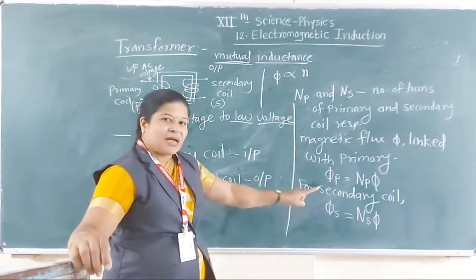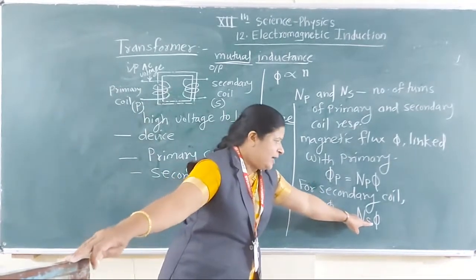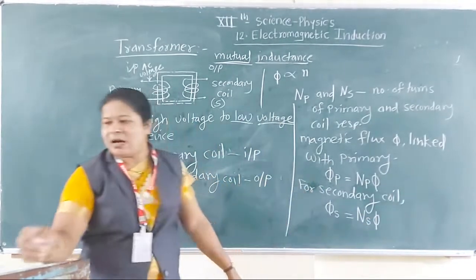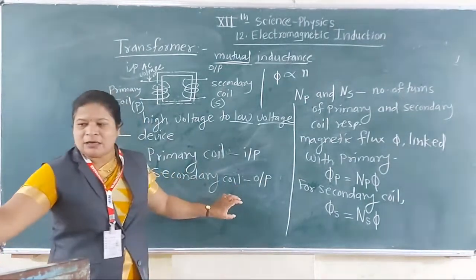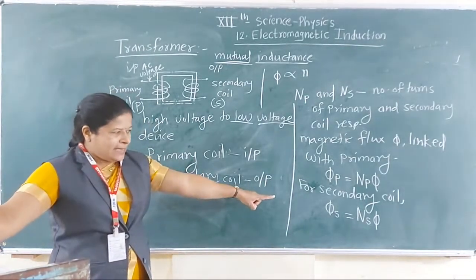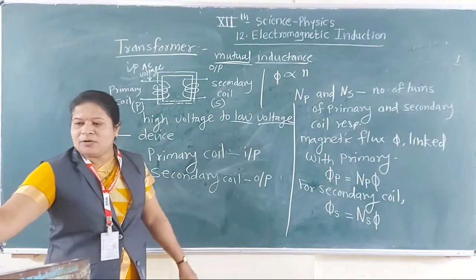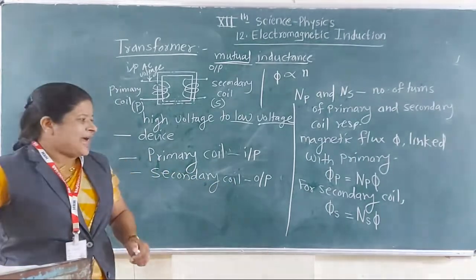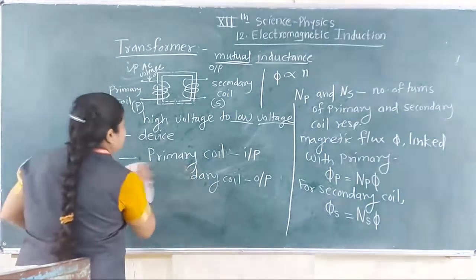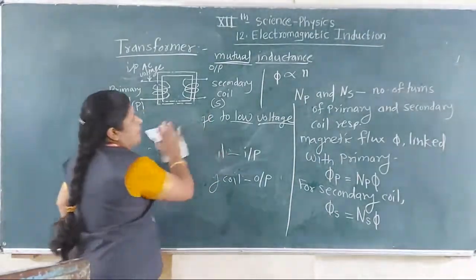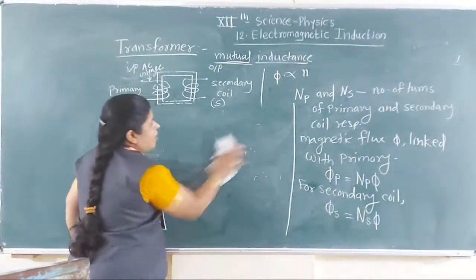Number of turns of the secondary coil into the magnetic flux. So we get phi s is equal to NS into phi. We know that as the magnetic flux links, the EMF is induced in the coil.